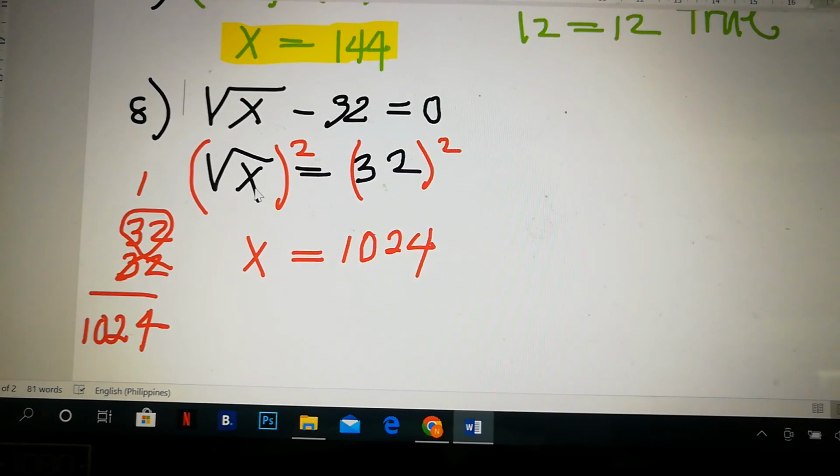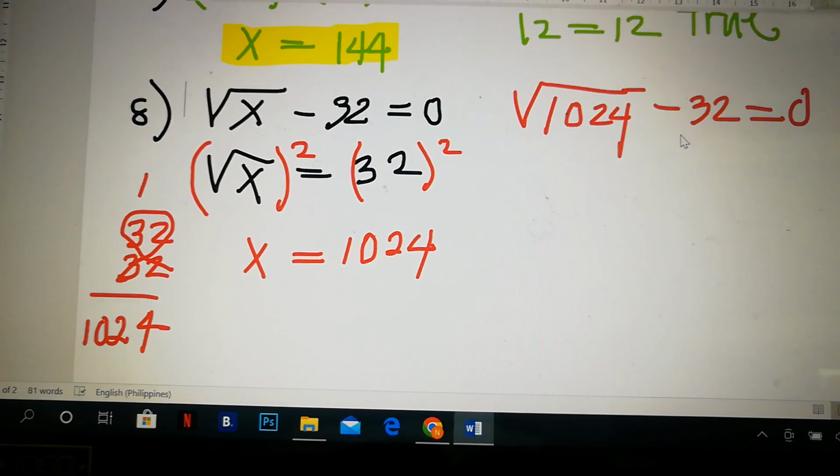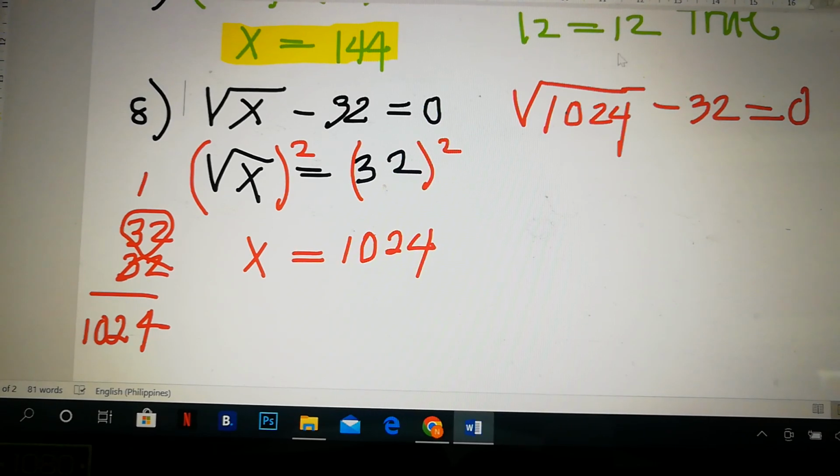Now if we are going to check, we just replace x by 1024. Square root of 1024 minus 32 is equal to 0. Is the square root of 1024 equal to 32?